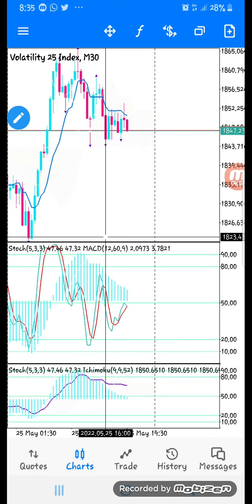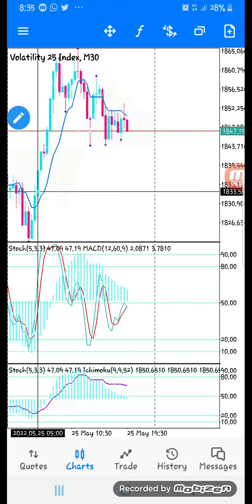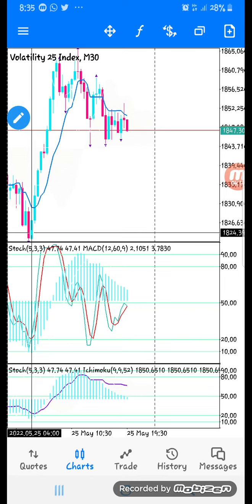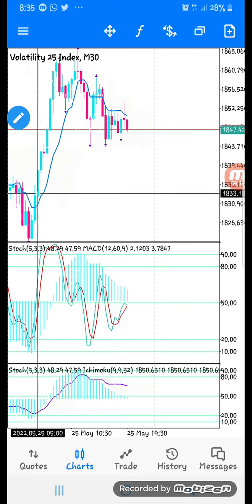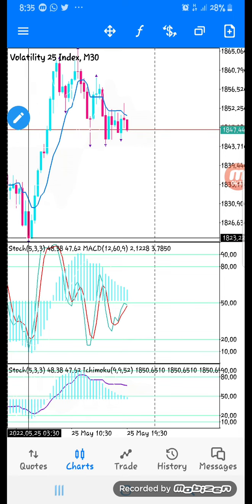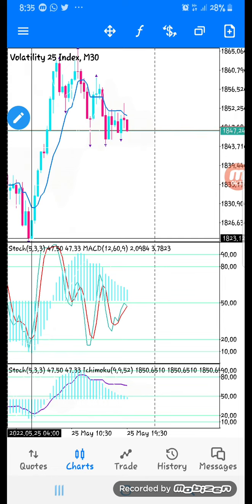When you enter in this next candle, your stop loss should be placed below the previous candlestick. This is the breakout, this is your entry point, and here your stop loss should be at this support level. You understand?